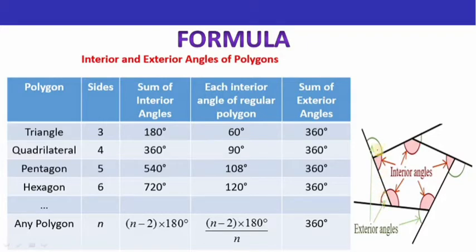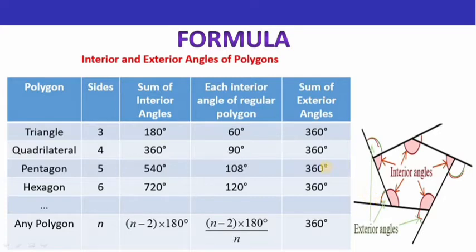For example, this angle, this angle, this angle, this angle, and this angle in the diagram. These angles are known as exterior angles. Remember, how do we form exterior angles? First you have to extend one of the sides, and whichever angle is formed, that is called an exterior angle.